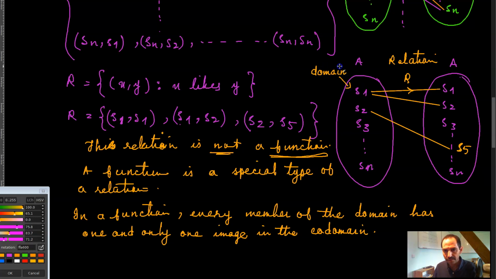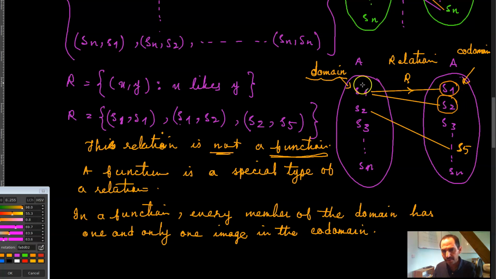Of course, I'm using the word domain loosely here, and this you can call the codomain. So basically every member of the domain has one and only one image in the codomain.